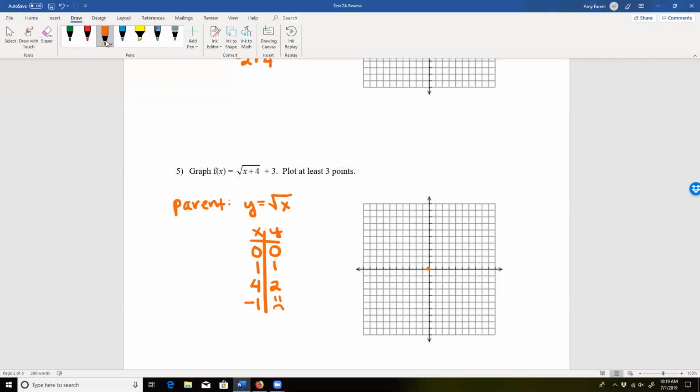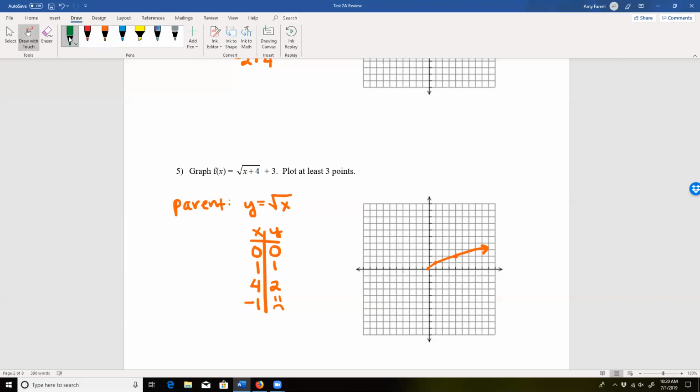So I've got 0, 0, 1, 1, 4, 2. And because the domain is that x has to be greater than or equal to 0, I do not want to extend my graph beyond the point 0, 0. I tell my students, I think this looks like an eyebrow. So your square root functions are going to look like eyebrows.